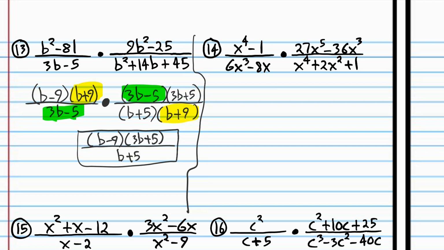All right, we're back. So the difference of two squares will be what number multiplied by itself equals 1. But instead of x and x, it's going to be x squared and x squared because it's x to the fourth power. Again, it doesn't look like it, but it's the difference of two squares.